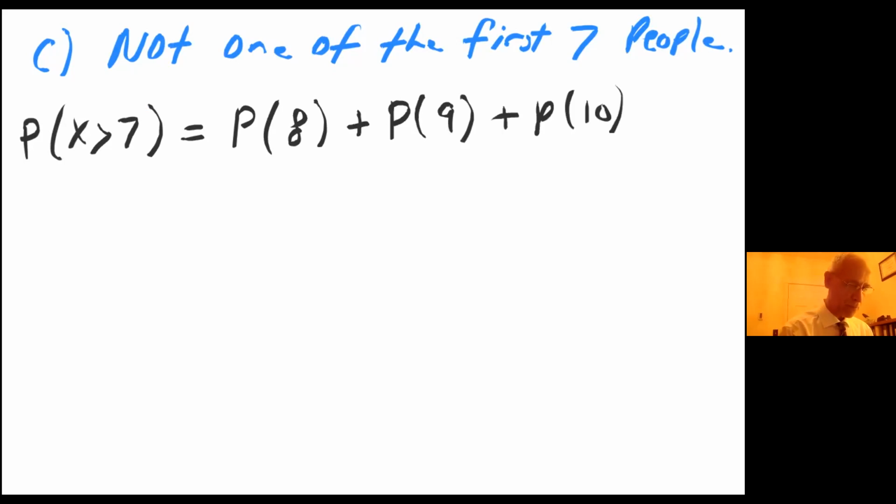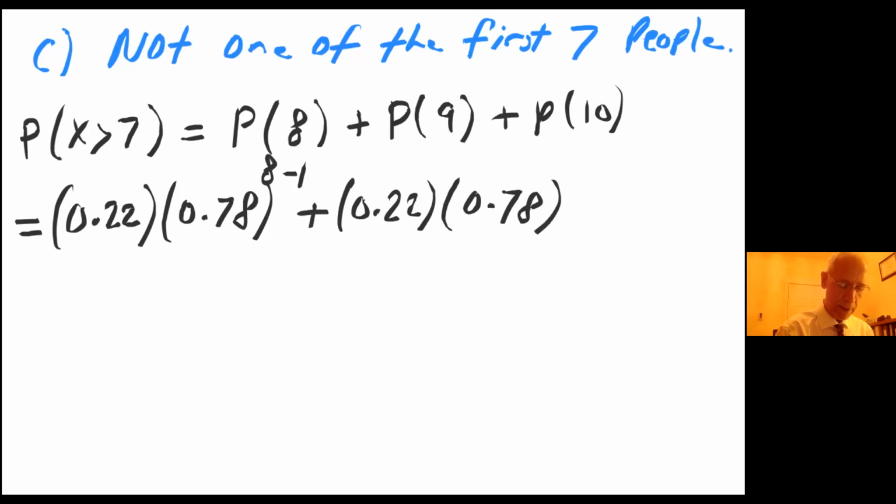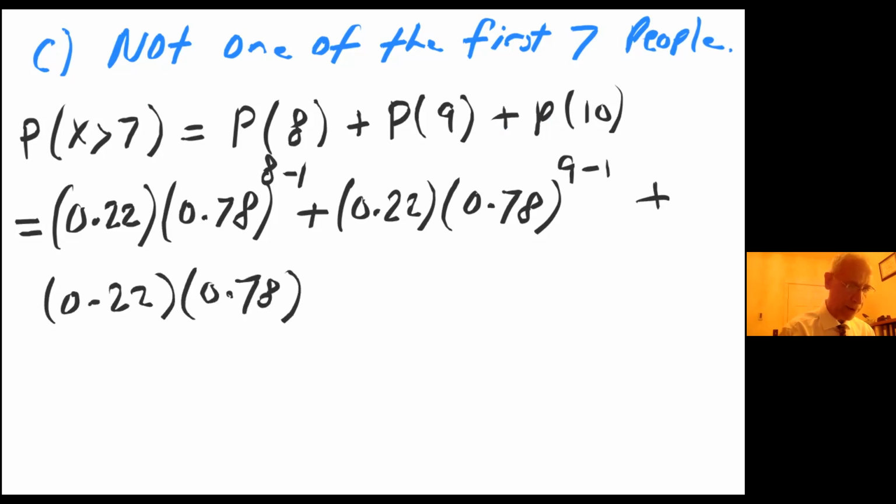So now that equals 0.22 times 0.78 to the power of 8 minus 1, plus 0.22 times 0.78 to the power of 9 minus 1, and plus 0.22 times 0.78 to the power of 10 minus 1.